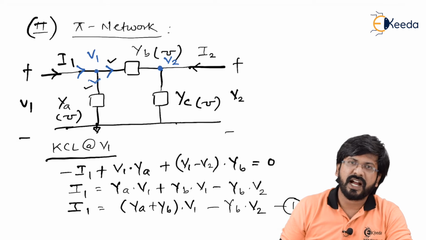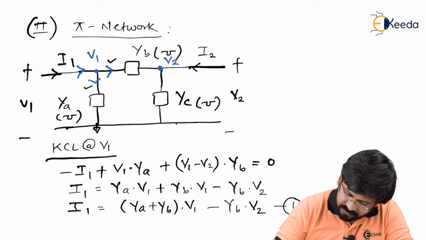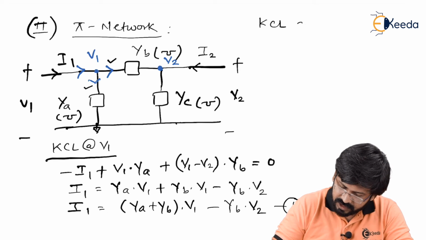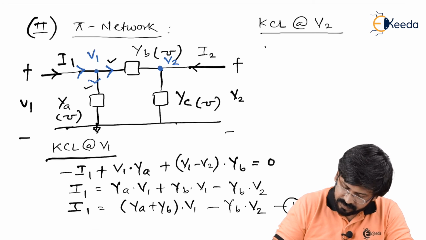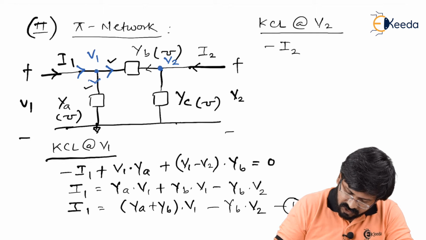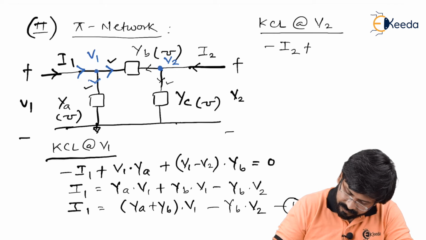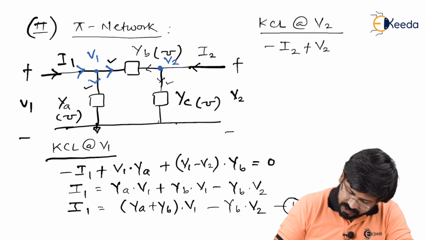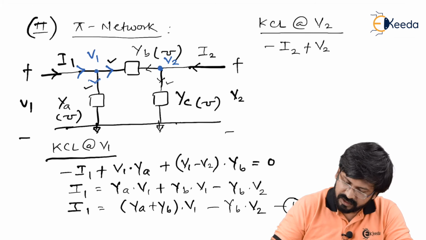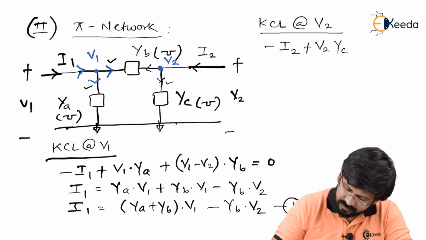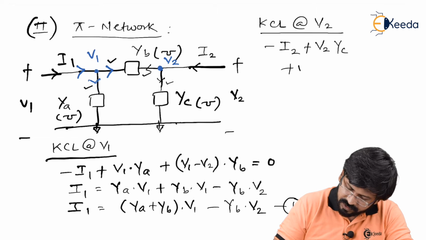Similarly, we can apply KCL at the V2 terminal also. Now applying KCL at V2, I2 is incoming, so minus I2. The rest of the two currents we can take outgoing. Talking about this current, plus V2 minus 0 into the total admittance in the path, which is YC, plus next this current, which is V2 minus V1 times YB, and this whole equal to 0.